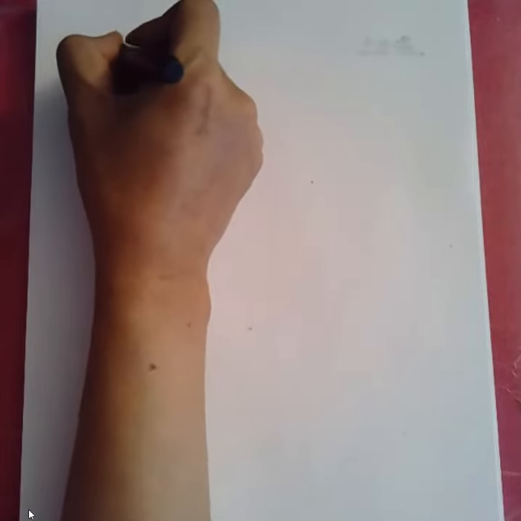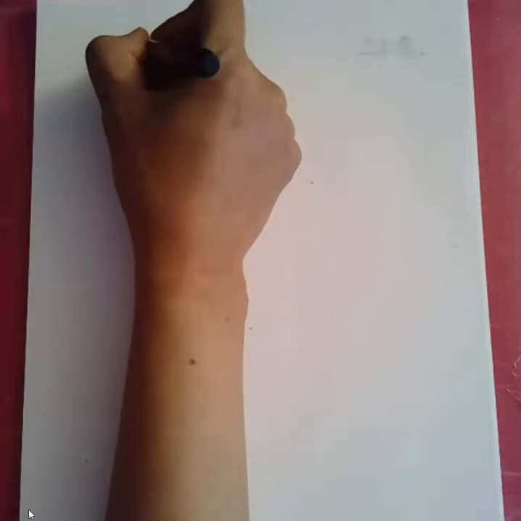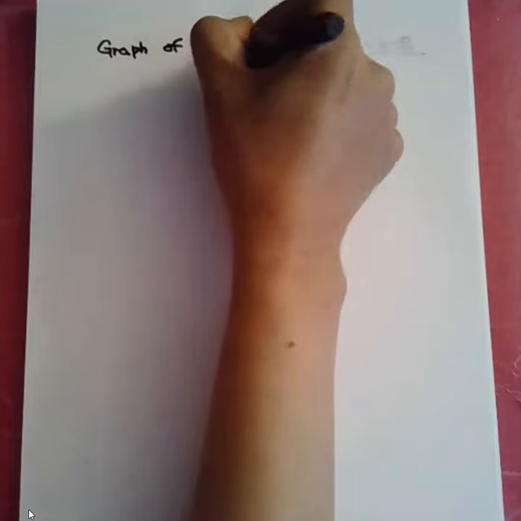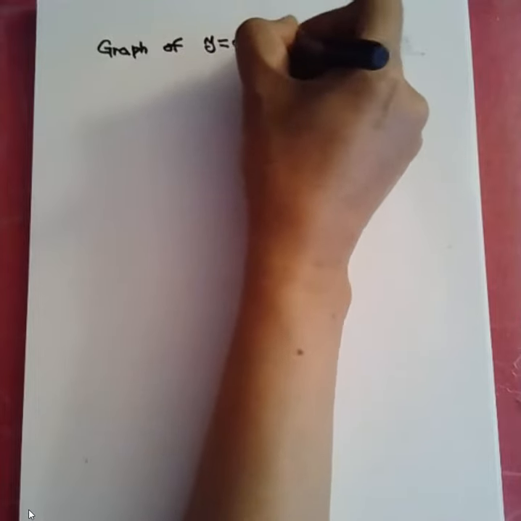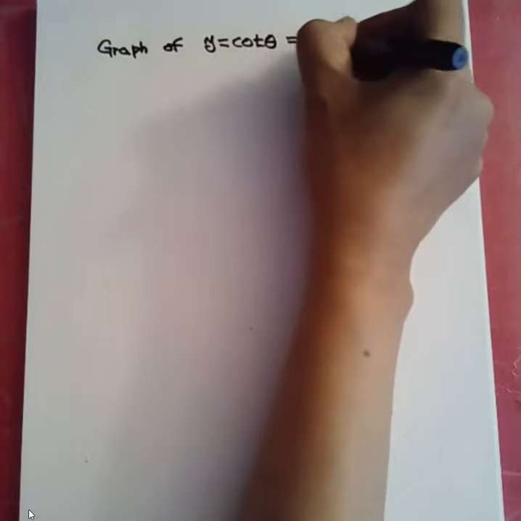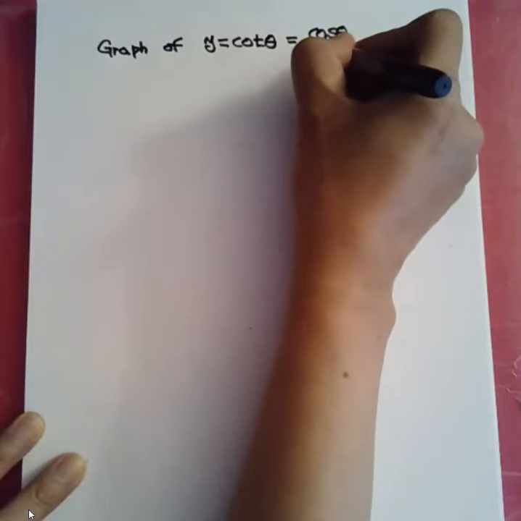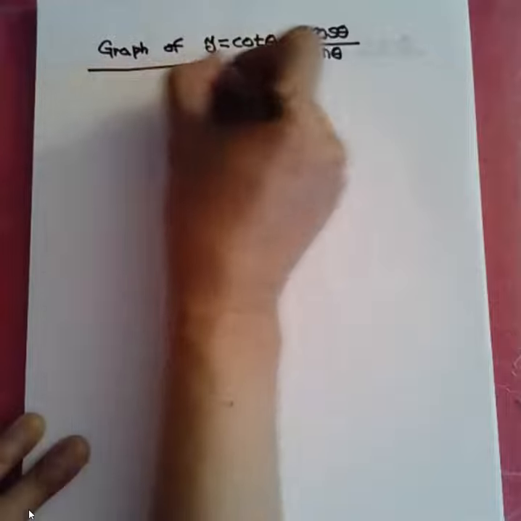We do exactly the same argument for the graph of y equals cotangent of theta. Cotangent of theta is defined as cosine of theta over sine of theta.